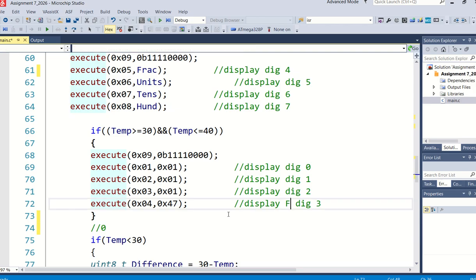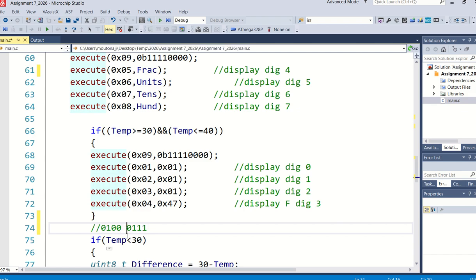So in this case, the A segment will be on. The B segment will be off. The C segment will be off. The D segment will be off. And that means E will be on, F and G. And if you look at this value, you will see that it is 47. So this is why an F will actually be represented by F7.